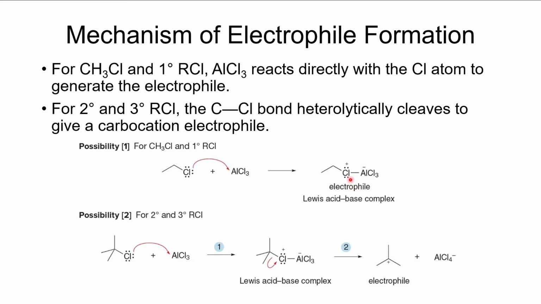When we have secondary and tertiary alkyl halides, the aluminum chloride again reacts with the alkyl halide to form that acid-base complex, but then that breaks apart. We break the carbon-chlorine bond heterolytically, so the pair of electrons goes with the chlorine, and we form a carbocation electrophile.